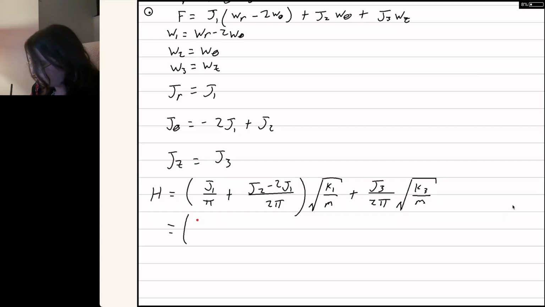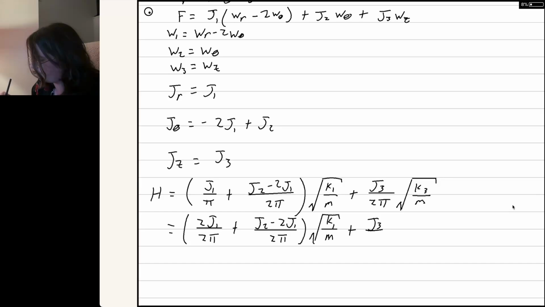Multiplying the first fraction inside of these parentheses by 2 so that we have the same denominators, you can see that the J1s will actually cancel each other out, and we'll just be left with J2. Which, in a more efficient manner, displays the fact that there's really only 2 actions in this problem, J2 and J3.